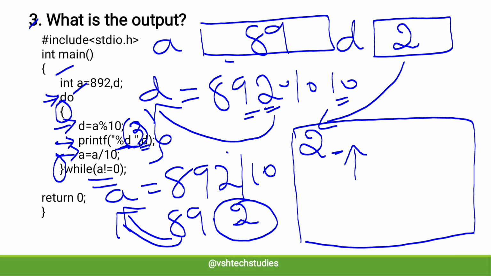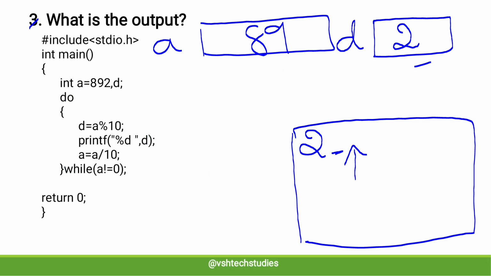Now the condition is checked: while A is not equal to 0. A is 89, so it is not equal to 0 is true. So the control will again go back to the do while loop execution. At the end of the first iteration, A is 89, D is 2, and on the monitor 2 and a space are printed, with the control standing next.